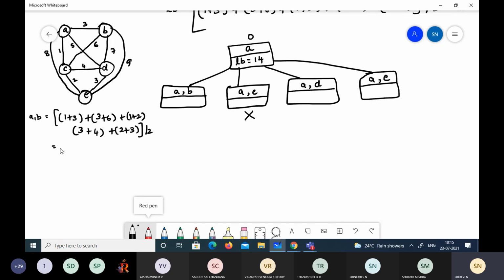So it's the same as this. So it comes to 14. So the lower bound for this is 14. Okay, so let's try to calculate the lower bound for A, D now. So how to do this? A, D.